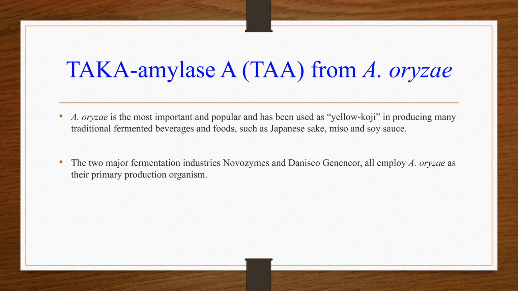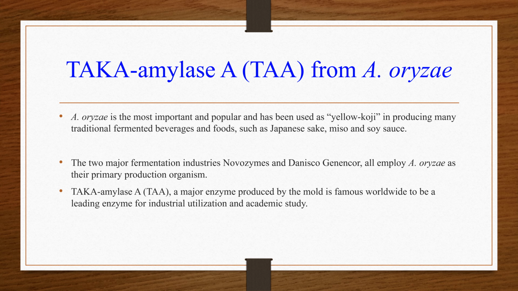The two major fermentation industries, Novozymes and Danisco Genencor, all employ Aspergillus oryzae as their primary production organism. Taka-amylase A or TAA is the major enzyme produced by this mold, and it is famous worldwide to be a leading enzyme for industrial utilization and academic study.